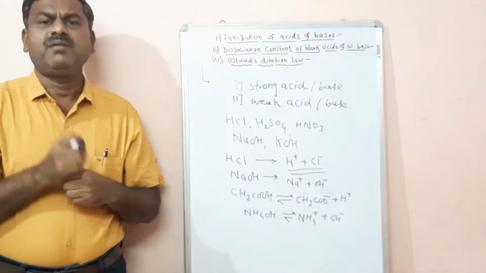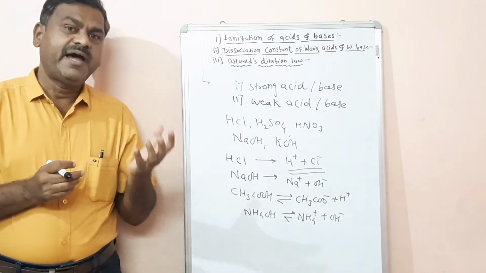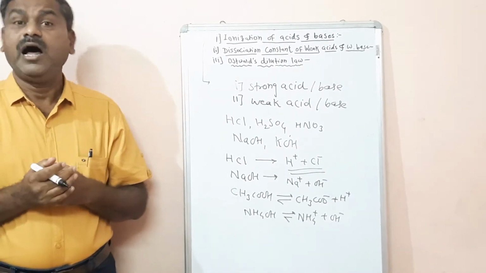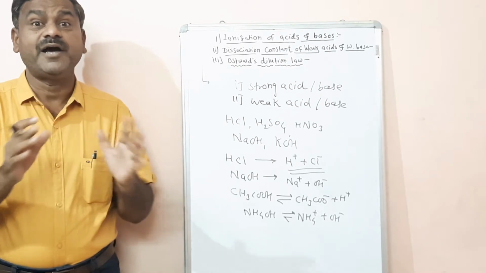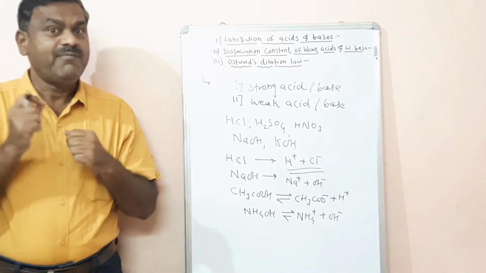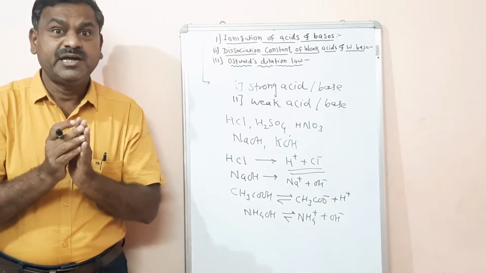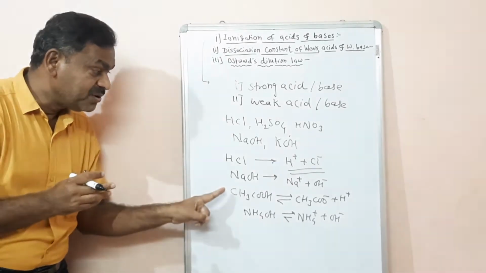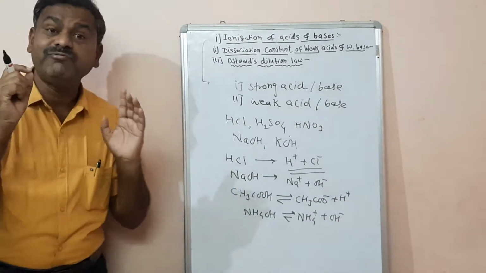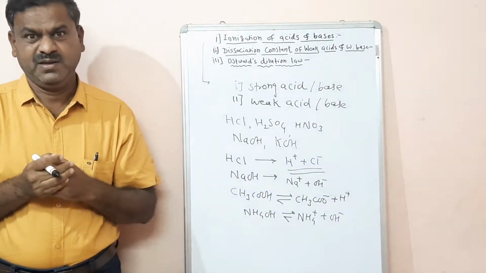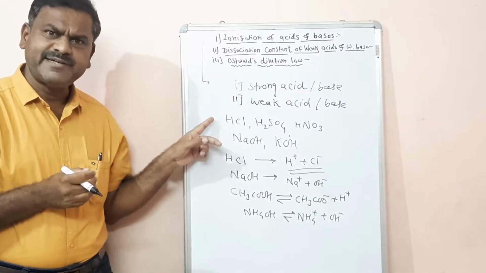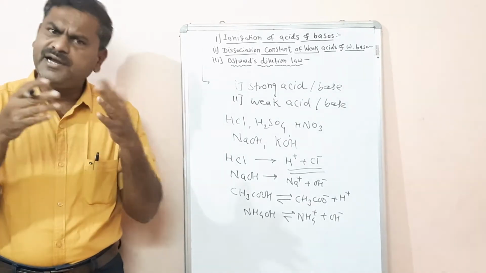Now the important point is that strong acids and strong bases are completely ionized. Therefore, the dissociation study is for the weak acid or the weak base, because strong acid and strong base are almost completely dissociated.